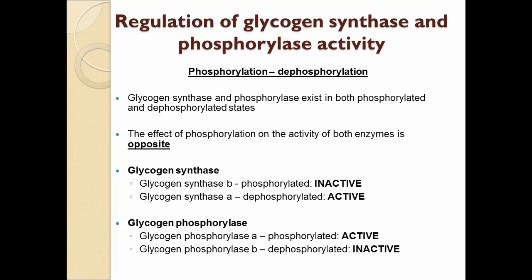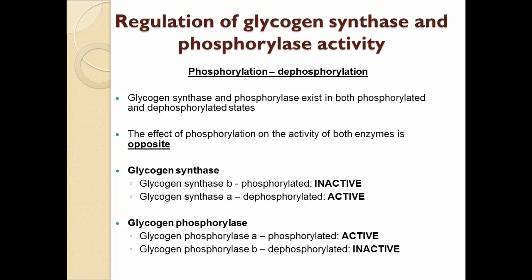Because both glycogen synthase and glycogen phosphorylase can be regulated by phosphorylation and dephosphorylation, as I mentioned before. In most cases, once this enzyme is phosphorylated, the enzyme activity should be increased. But in some cases, phosphorylation leads to inactivation, right? So here is a good example.